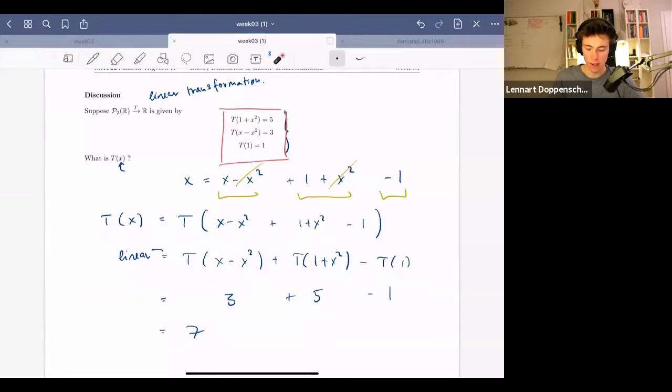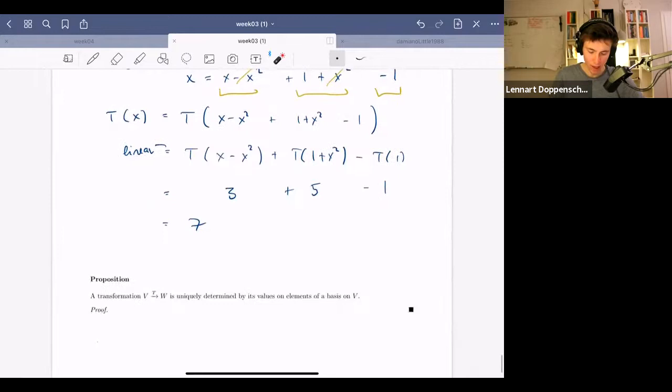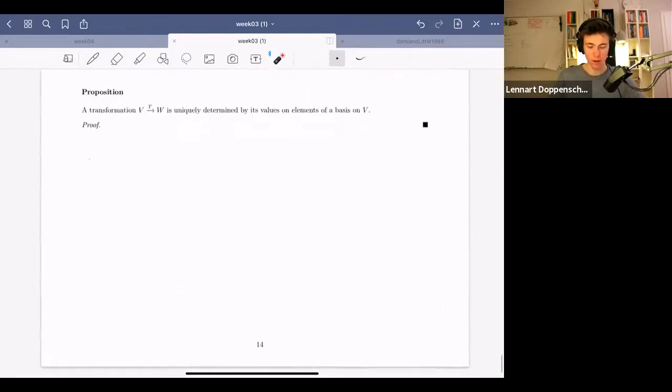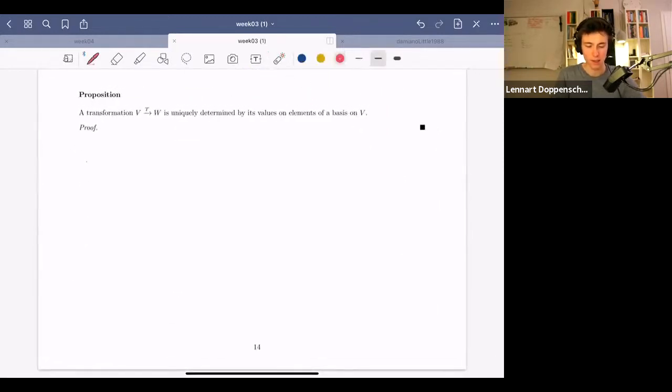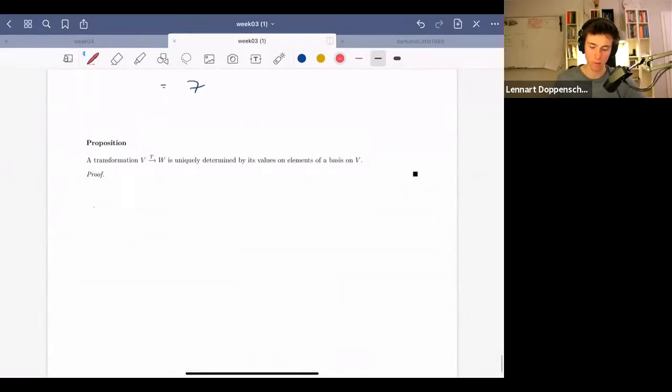So if these vectors are a basis, then we certainly know that there's some combination for every vector in the vector space. This is actually the content of the next proposition: the transformation is uniquely determined by its values on elements of a basis of V. So I'm basically just making the last discussion more abstract.